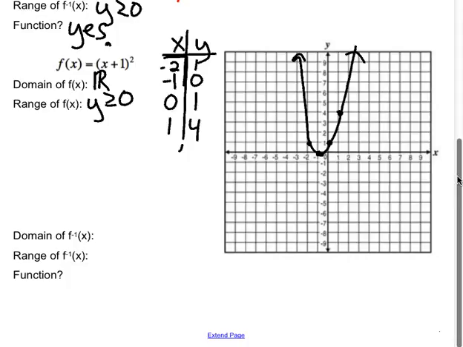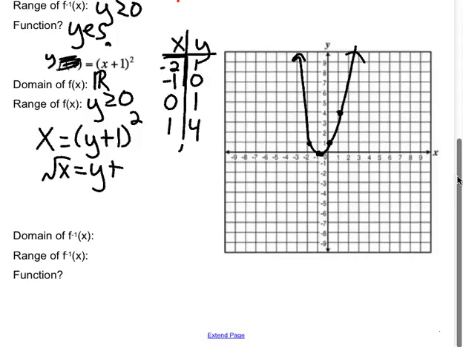Okay? And what about the inverse now? So to find the inverse, again, picture this as a fancy y. Now I'm just going to swap them. All right? I'm going to swap the x and the y, and then I'm going to resolve. So I need to square root to get rid of that square, right?